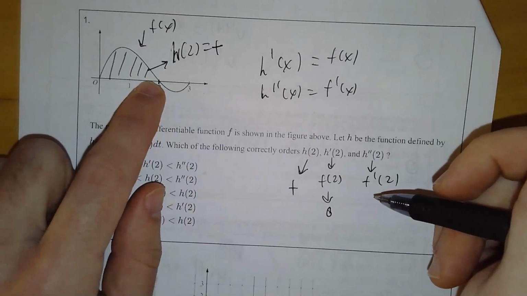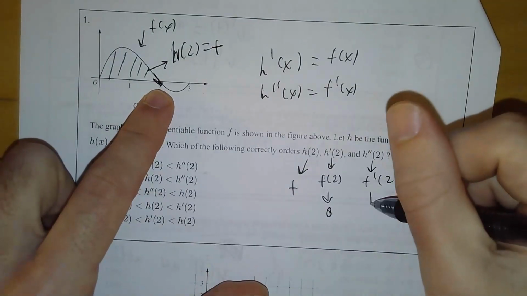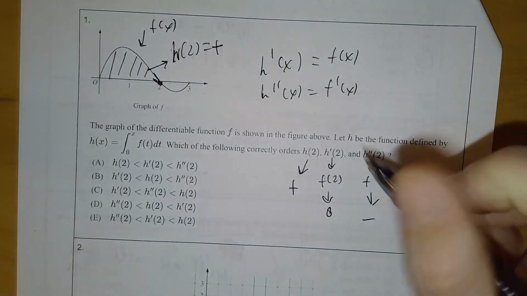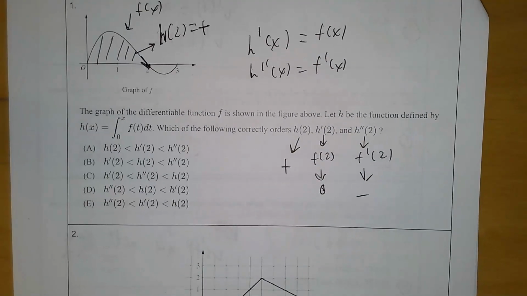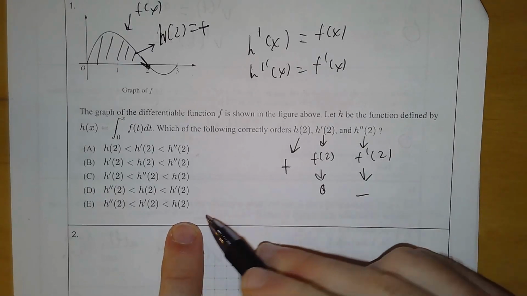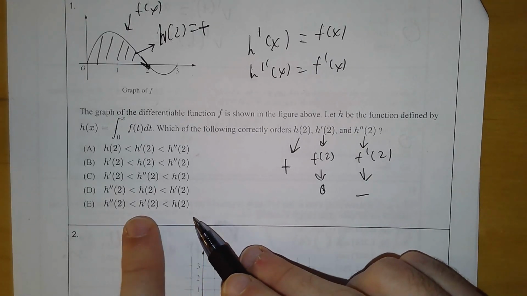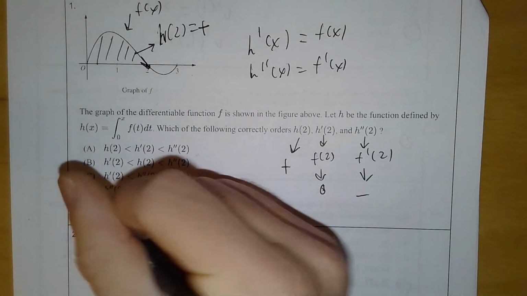And you see the slope here is, look, going down, it's negative. So it's going to be some negative value. I don't need to know what it is, just whether it's positive, 0, or negative. That's how these questions work. So then I'm just going to order them. h of 2 is going to be the biggest, so looking at this one, and then here. So again, this is positive, 0, negative, so it's got to be E.